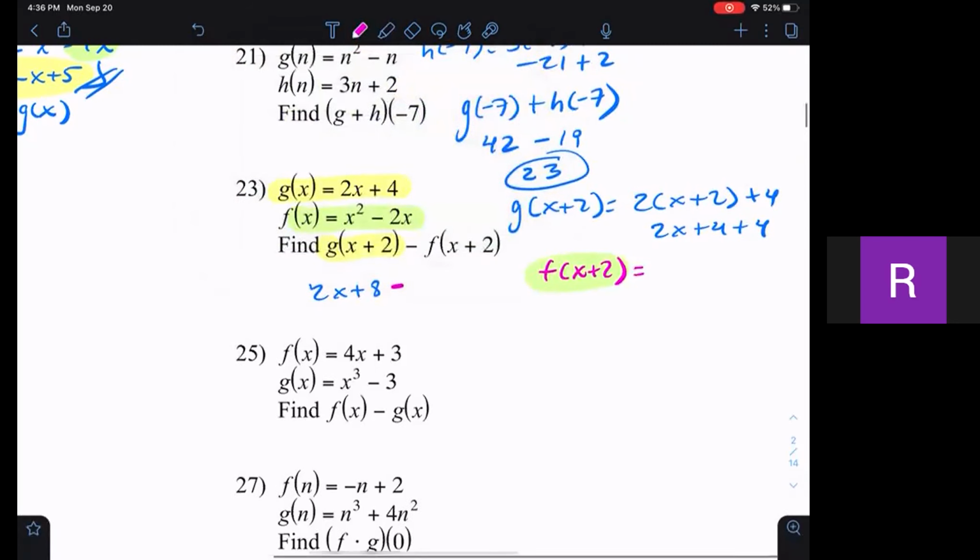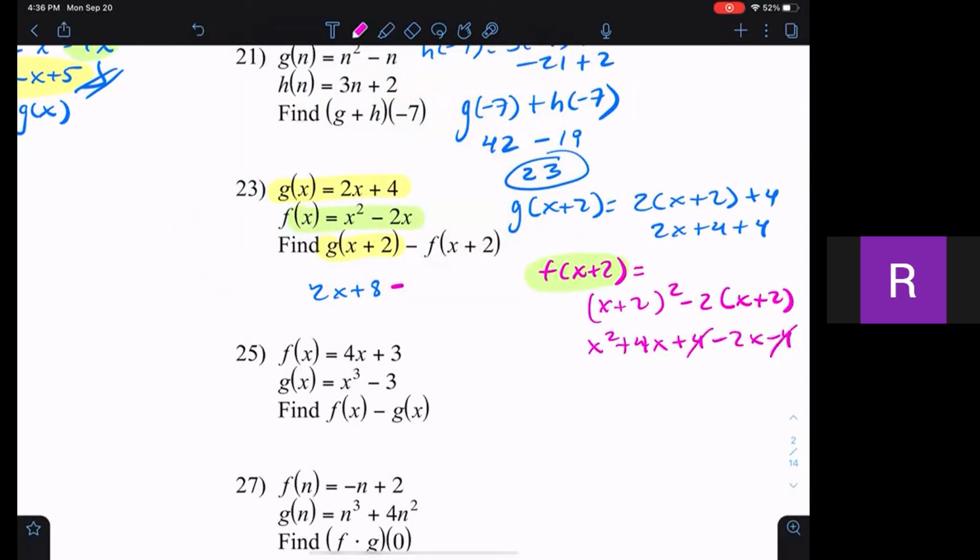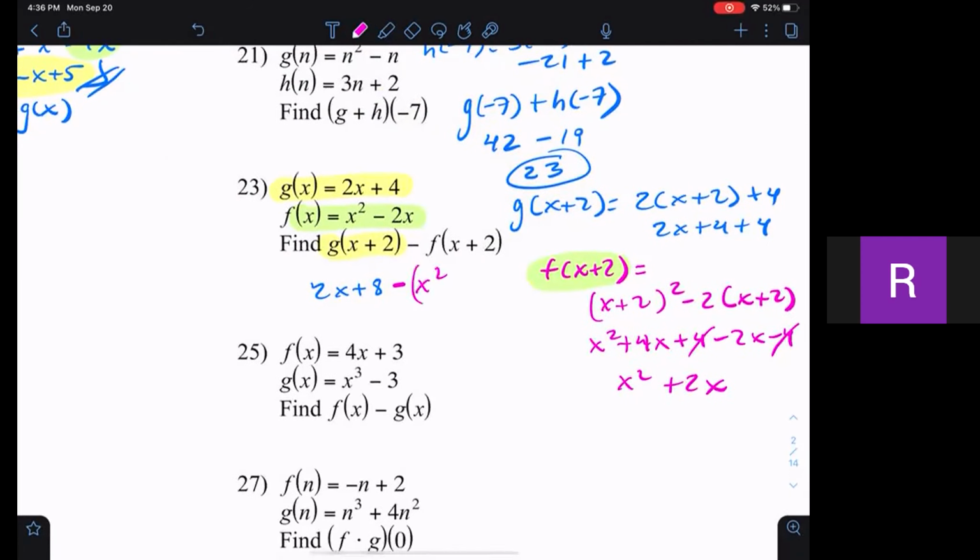So if you plug that here, you get x plus 2 squared minus 2 times x plus 2, right? So this is x squared plus 4x plus 4 minus 2x minus 4. Cancel the 4s. x squared plus 2x. Plug that here, x squared plus 2x. Don't forget to do that negative. So this is 2x plus 8 minus x squared minus 2x, right? So this cancels out. So you get negative x squared plus 8. That's the answer. Okay, that's how you do that.